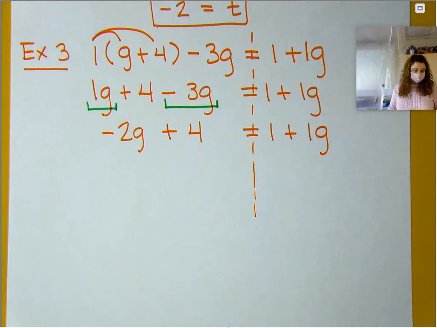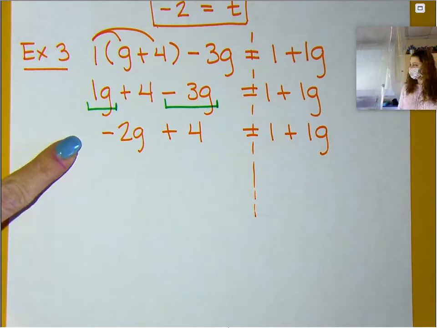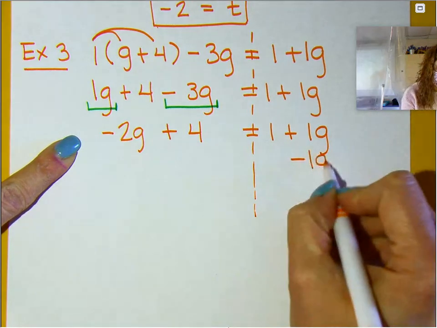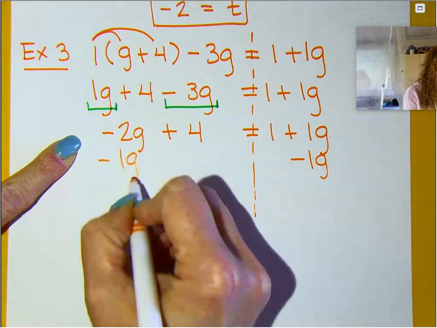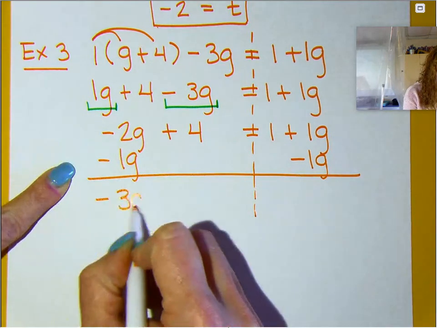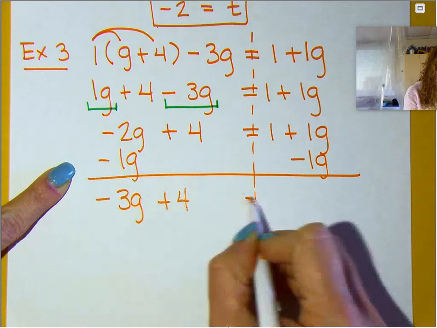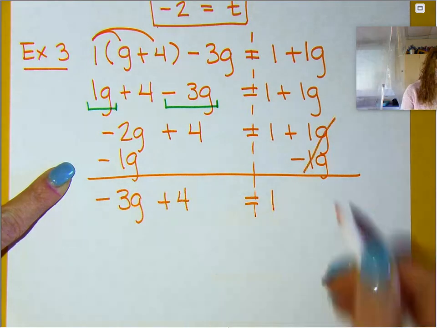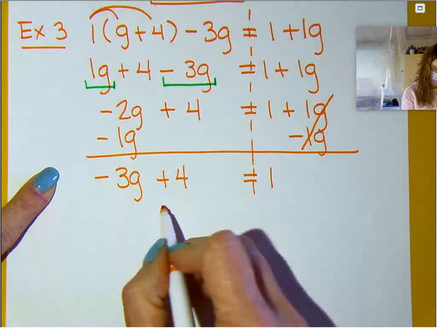Okay, so let's see. Madison, what did you start with? I started with, oh yeah, I did, to subtract 1G from both sides. Good. And then I got 3G plus 4 equals 1. Good, is equal to 1, and those cancel. Good. I subtract 4 by both sides.